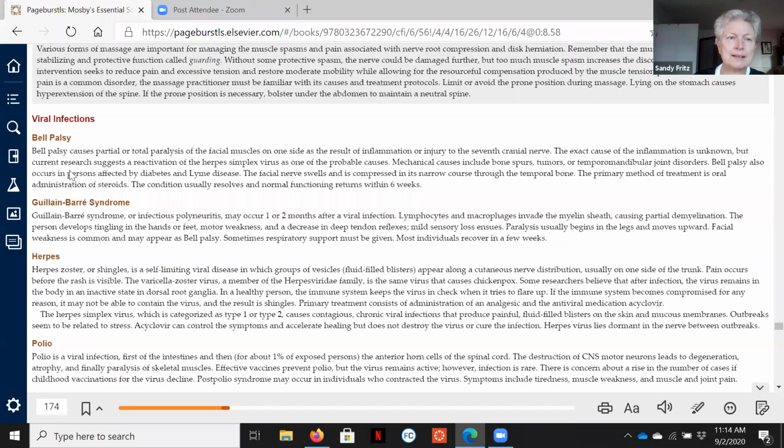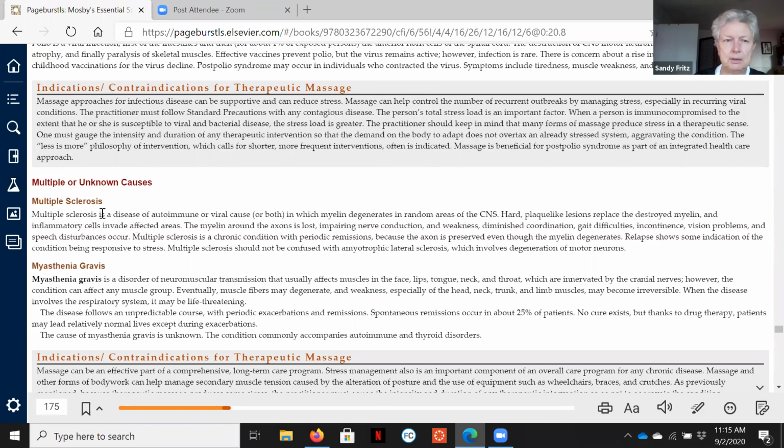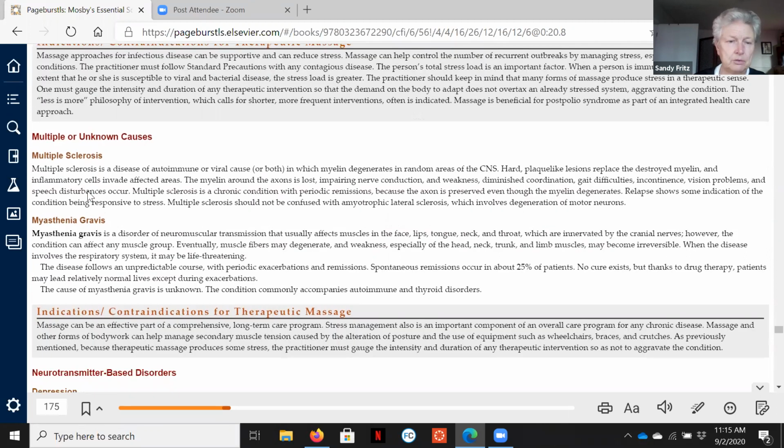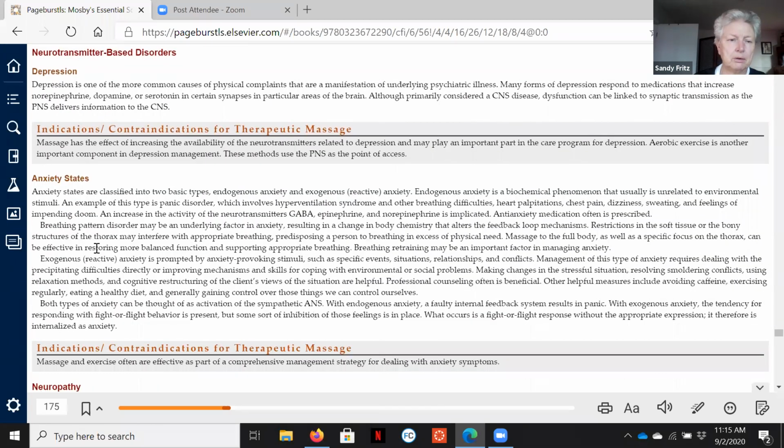So there's vaccinations to a certain extent, like for polio, but others not so much. Viral infections are difficult. And then we have the autoimmune type conditions where who knows why the body tends to turn on itself, with too active of an inflammatory response. And our neurotransmitter-based disorders, this chemical soup that we talked about earlier.